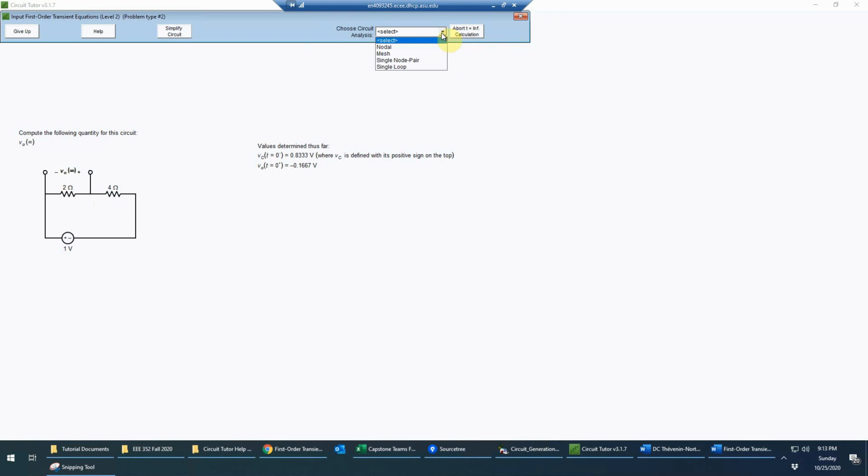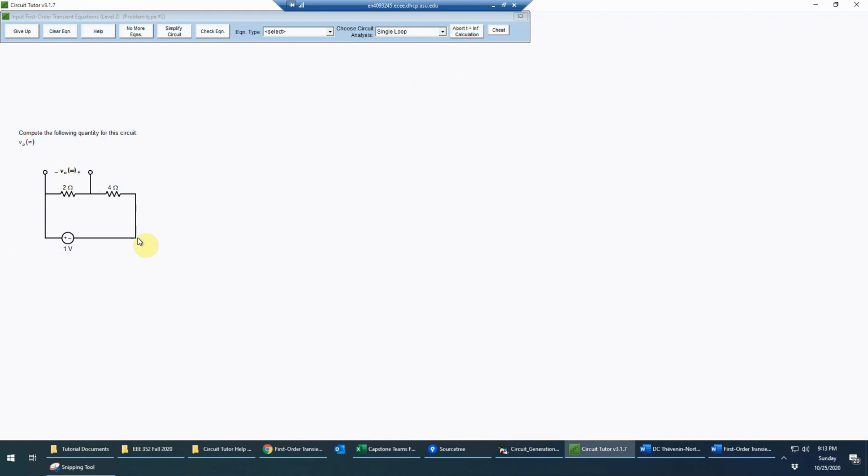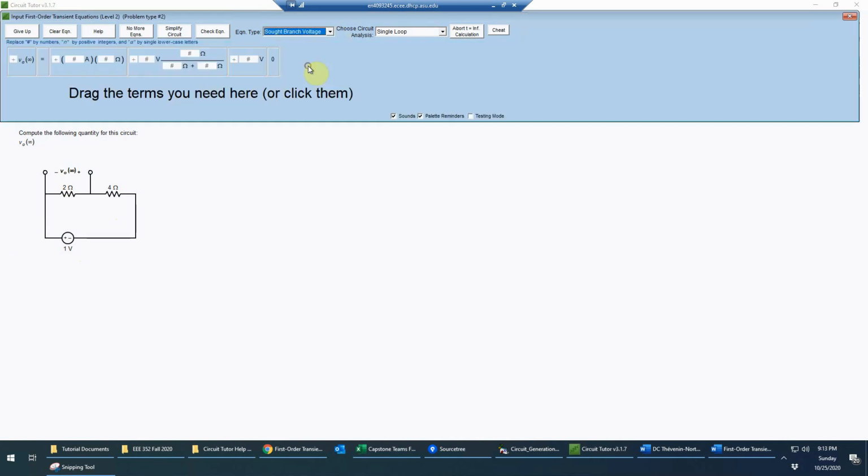Okay, so now I'm going to select single loop as the circuit analysis method because, as I said, this is simply a voltage divider. We have a source, and then that voltage by KVL has to drop across each of those resistors partially. So we're going to basically just enter the formula with the voltage divider.